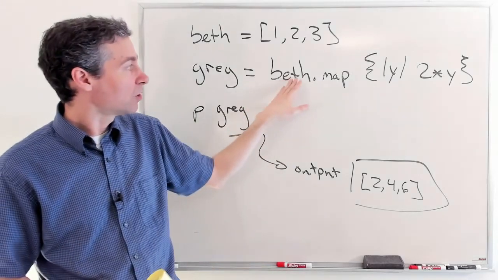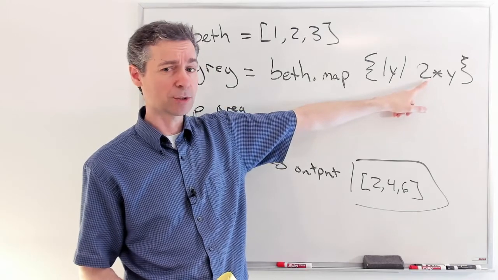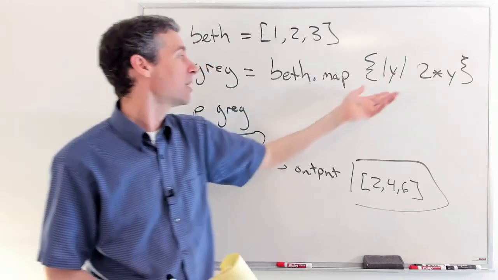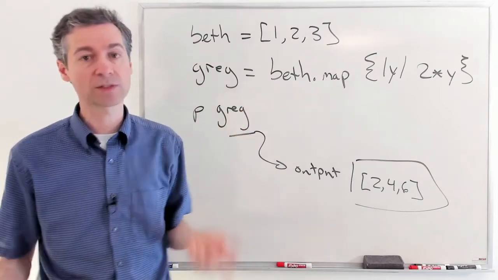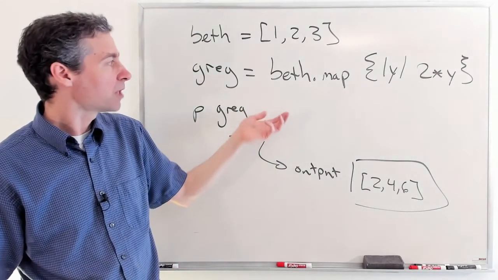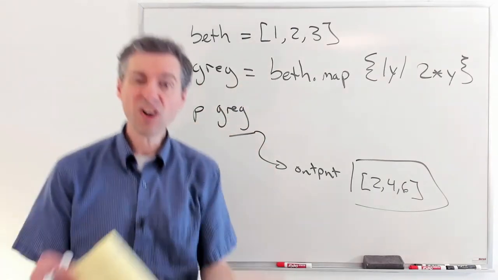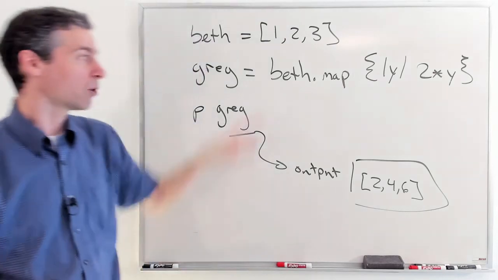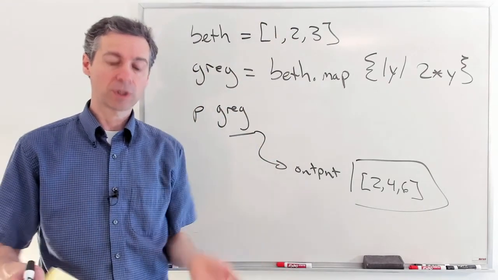Well, it would go through all of these, pass you in one at a time. You would check, is it less than 0? And if so, you would return true. And then it would add that to the thing that it's collecting as its output, but not the ones that are 0 or greater than 0. Those would not be included. And then you can get a subset that way. So there's all sorts of cool things in Ruby that work this way. This is how they're working. And that's what I wanted you to know.